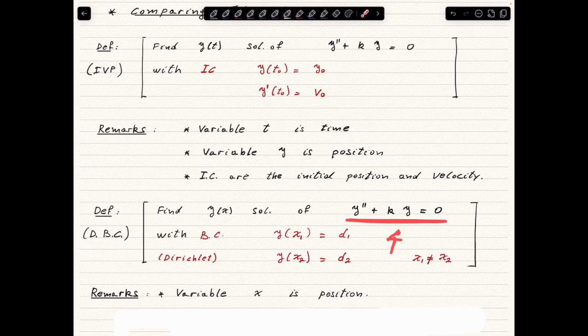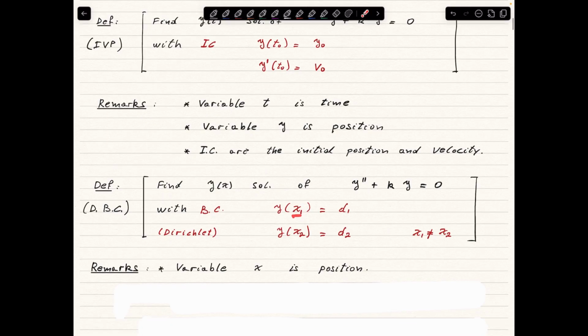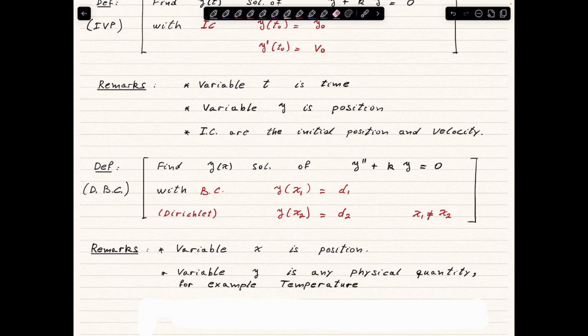In particular, in our problem, it is going to come from the heat equation, and the independent variable is going to have meaning of position. And in the heat equation, the y variable is going to have meaning of temperature, but in different problems it can have any meaning. In our case, it's going to be temperature as a function of position.